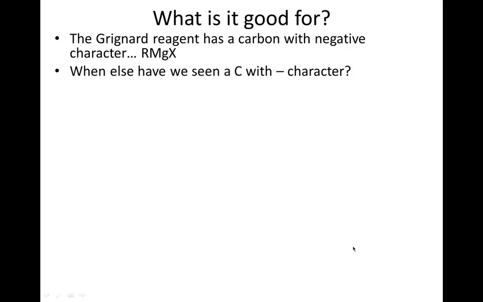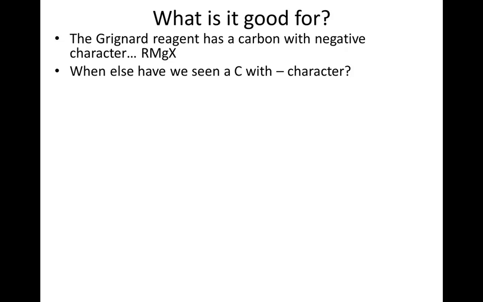So we want to know how we can use it, and we're going to write it like this. The first carbon that you come to in this R group that's directly attached to magnesium has negative character. So the question I have for you is, when else have you seen a carbon with negative character?